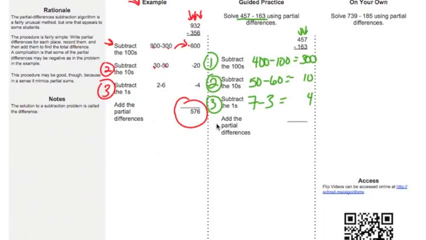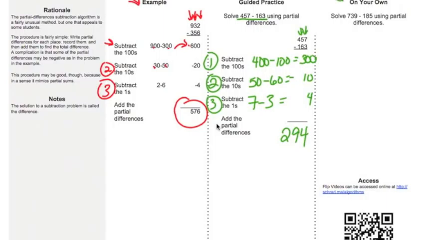So when I do all of this together, I'm going to start with 300. And I'm going to add negative 10 to it, I'm sorry, I got a negative 10. So I'm at 290, then I add my 4, so I get 294 as my total.